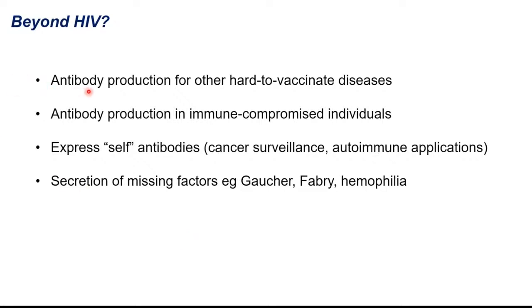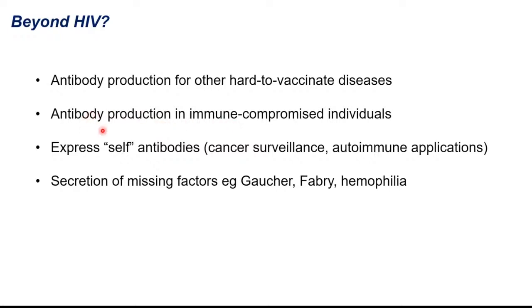I think this is exciting to think about a way to make antibodies for other hard to vaccinate diseases. Of course, HIV, I think, is the biggest challenge in the world today, of a disease where we know we don't have a vaccine. But there are other diseases that are also hard for us to naturally vaccinate against. In addition, you can think about using these to make antibodies in immune-compromised individuals.